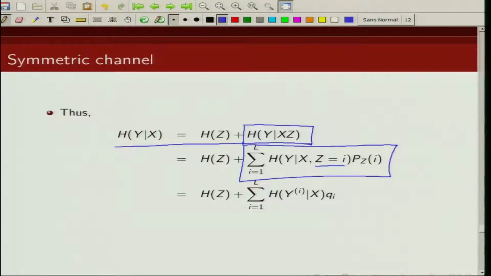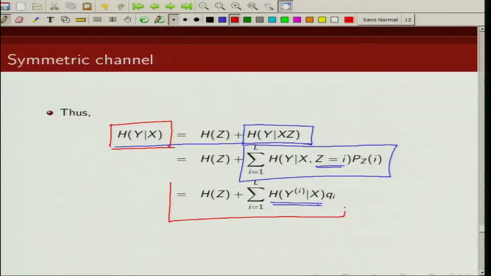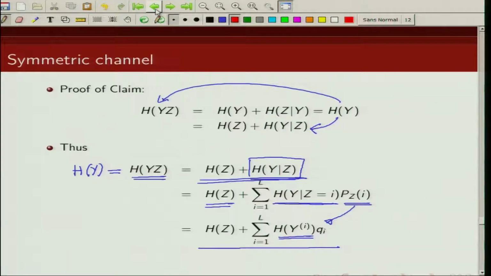Now, if I tell you what z is, you know exactly what channel it is. So, this can be written as uncertainty in yi given x multiplied by qi. So, I have gotten an expression of this, and earlier I got the expression of h of y, which was given by this expression.